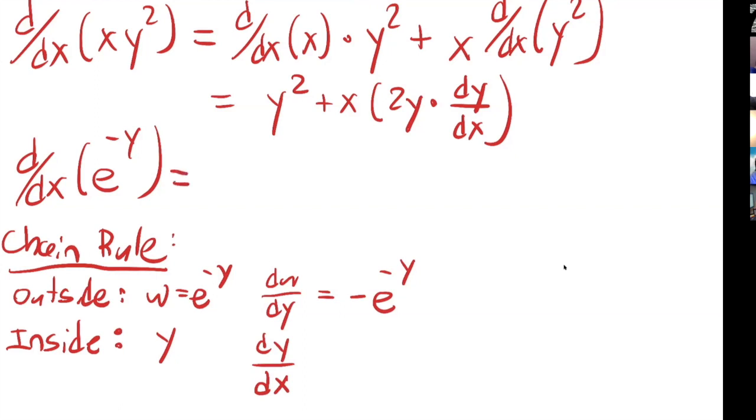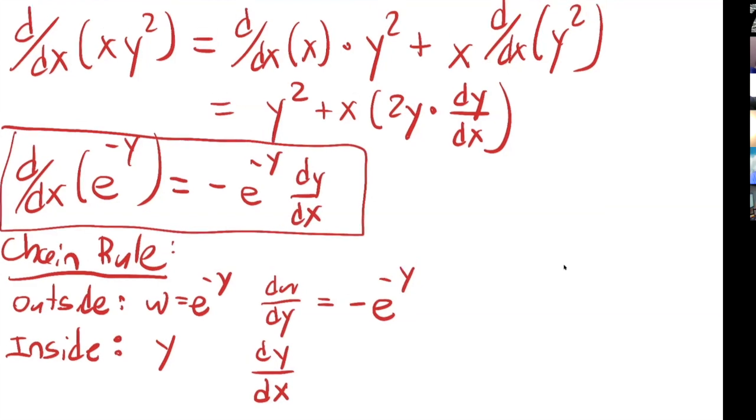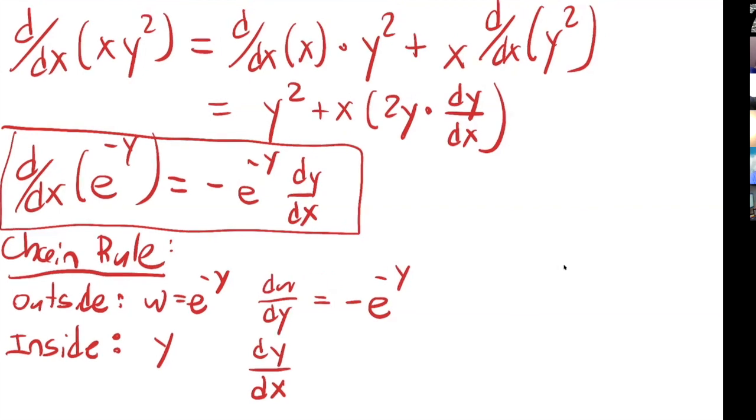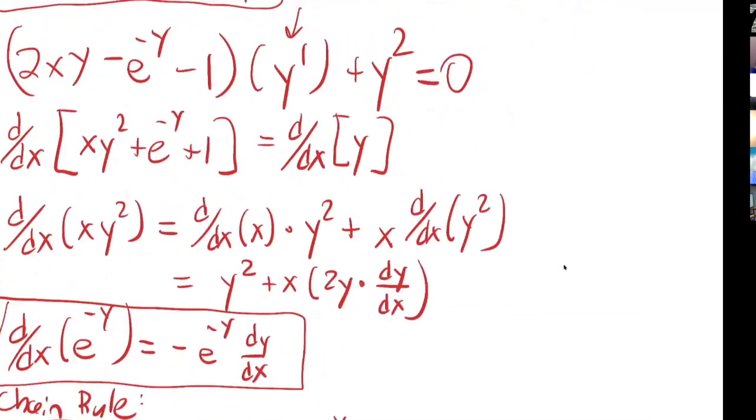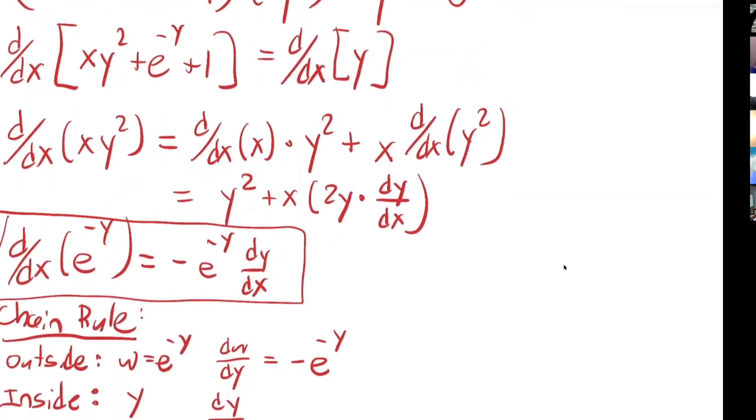So this derivative would be minus e to the minus y times dy dx. Okay, questions?